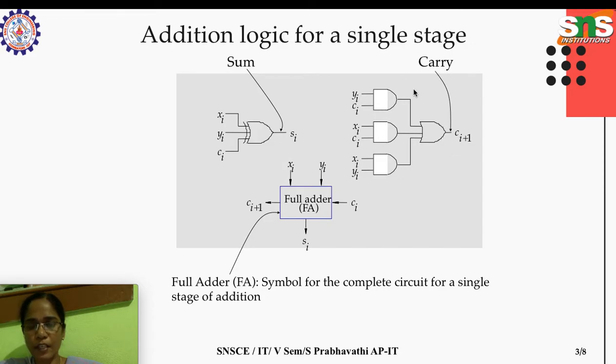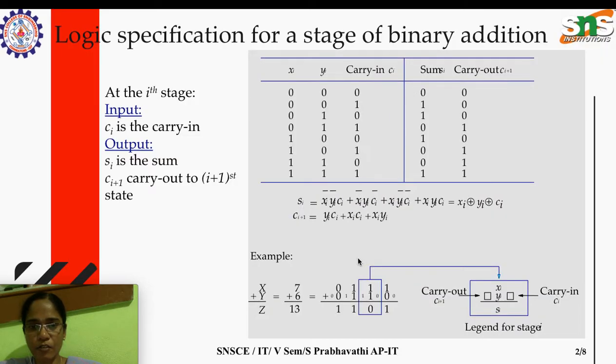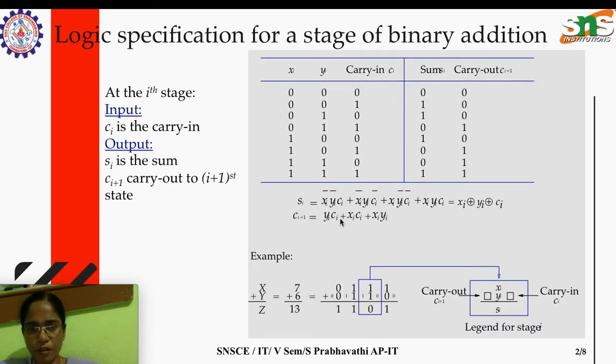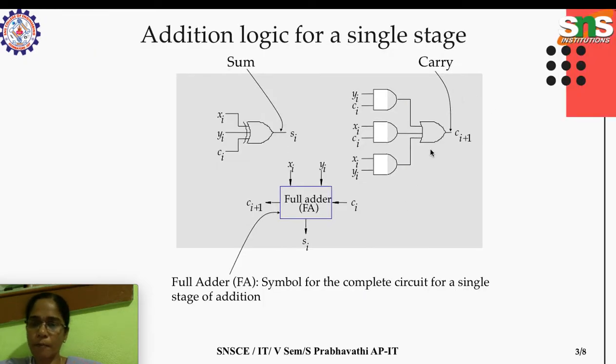And for the carry, what's the carry equation? We need 3 AND gates and 1 OR gate. Plus indicates the OR gate, and here xi yi is an AND operation. So we need 3 AND gates and 1 OR gate, since all 3 AND values are given to the one OR gate itself.